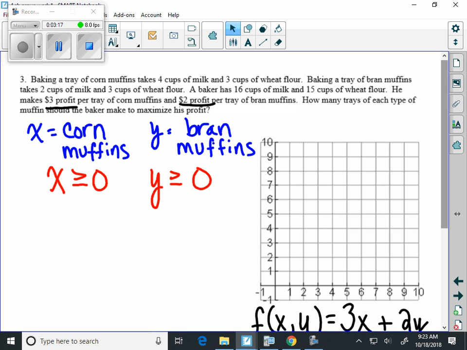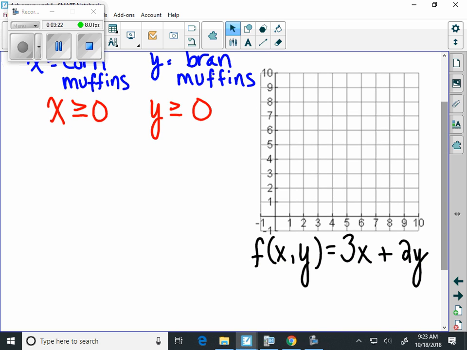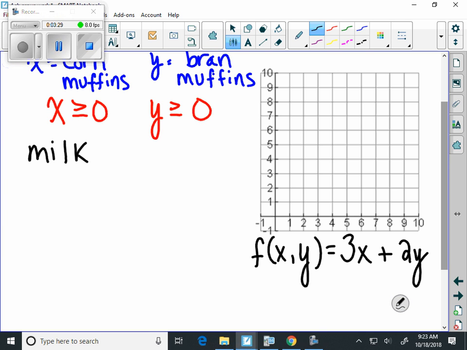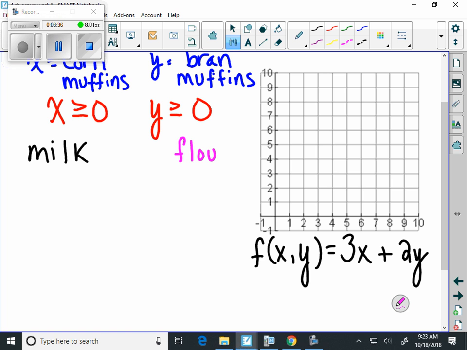The things happening aren't exactly verbs this time, but we're going to have an inequality that just deals with milk, and an inequality that just deals with the flour. When you're writing these down, try to write them side by side, because we're going to have to put them back into slope-intercept form. If you write them side by side, then you'll have space underneath to do that.